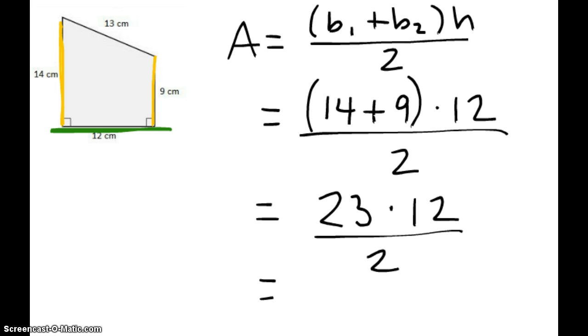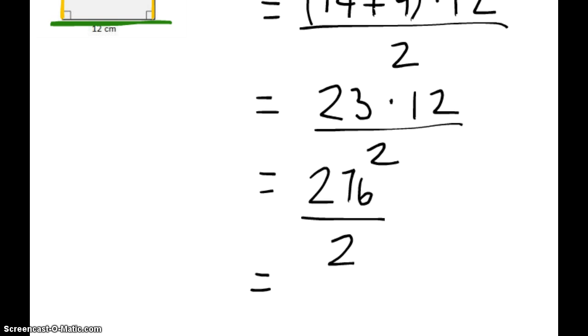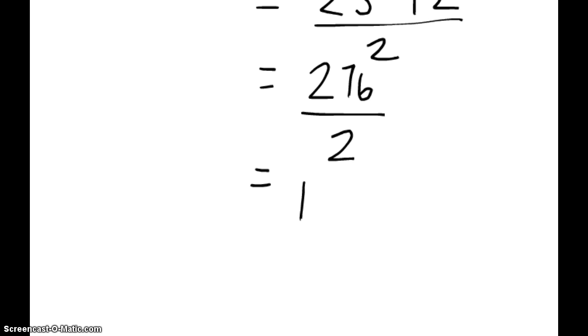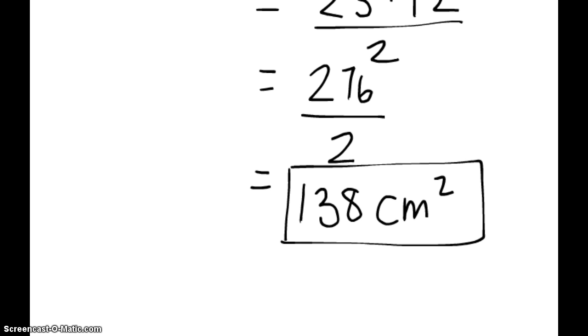So 23 times 12 is 276 divided by 2. So 276 divided by 2 is 138. What were our units again? Still centimeters. So 138 square centimeters will fill the surface.